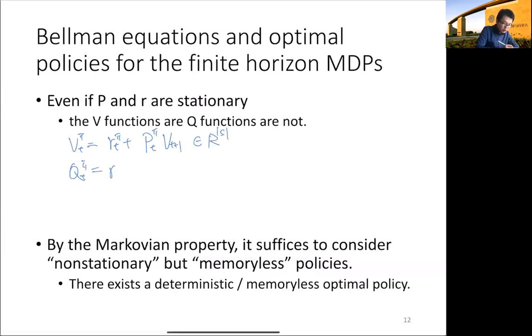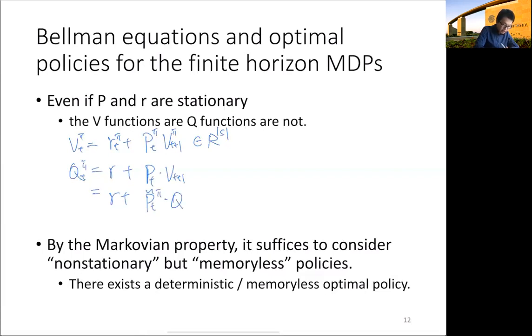For the Q value function, this is equal to the transition multiplied with V t plus 1, right? This is also equal to R plus P tilde pi, indexed by t, and Q pi t plus 1.